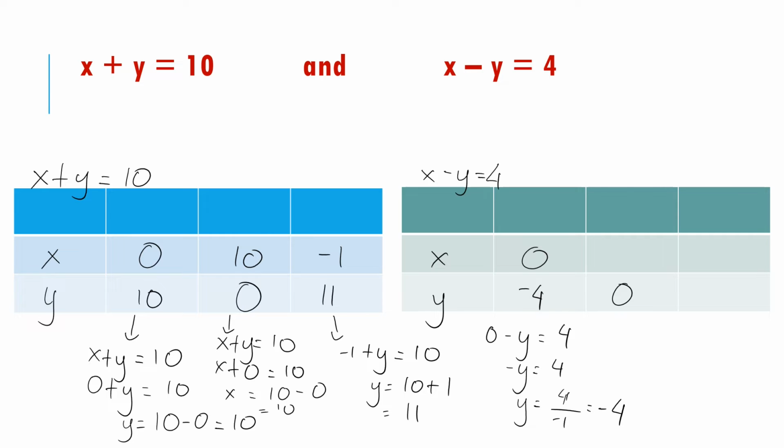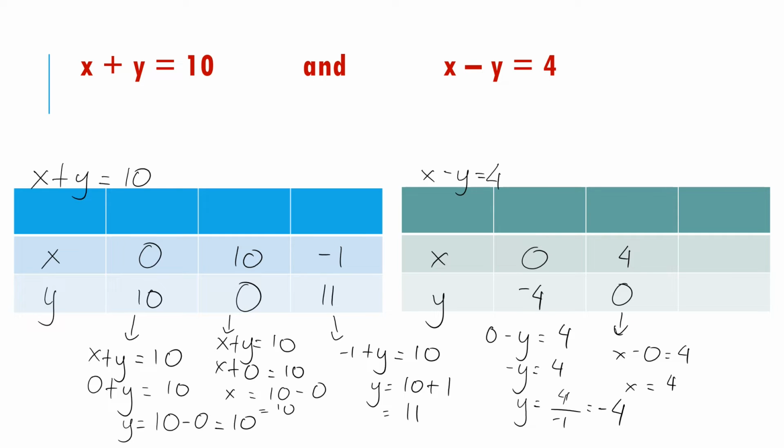And how about the x? If y is 0, then x minus 0 equals 4, so x equals just 4. Look, x is already a positive number: 0 and 4.